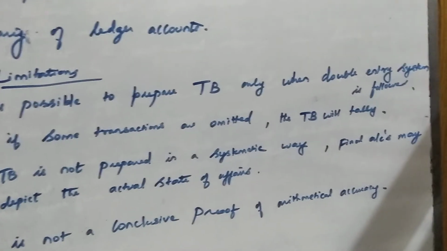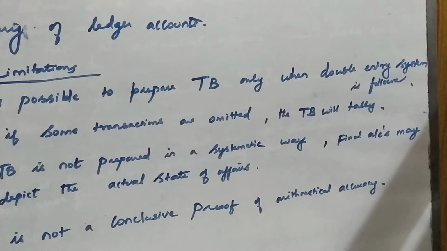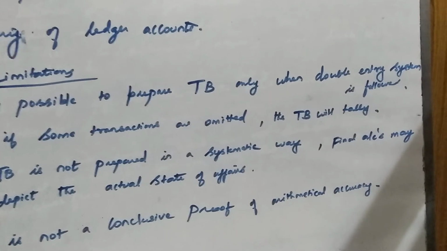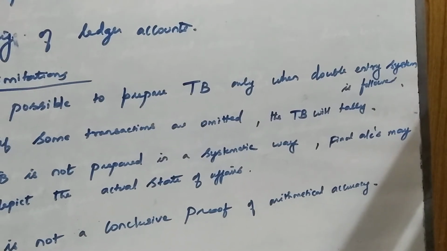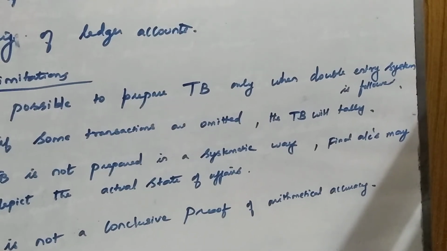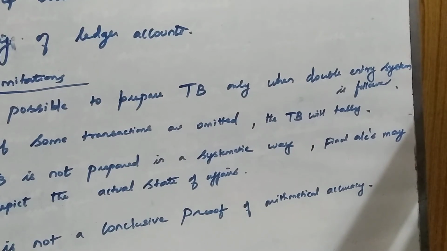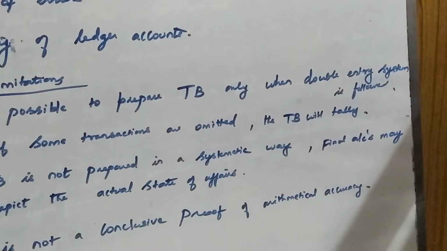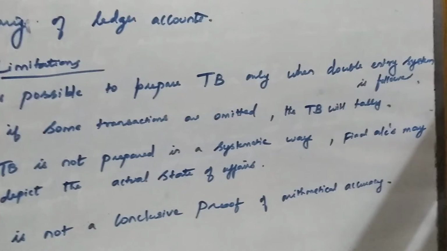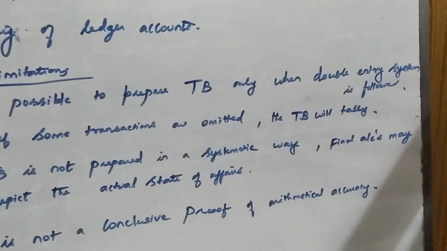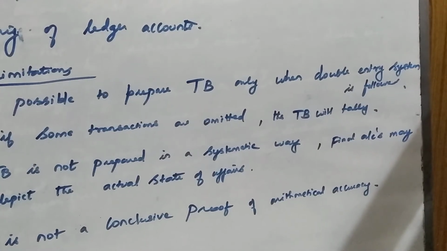As you know, only from journal, those entries will be posted in the ledger. And only from ledger, we will be preparing the trial balance. If the entries are not recorded in the journal itself, it will not come to the ledger. And you won't post anything in the trial balance. Able to understand? In case of complete omission, if a transaction is totally omitted, the trial balance will tally. It will not affect the trial balance.